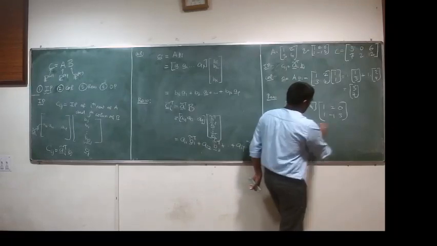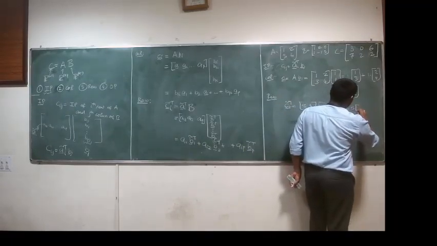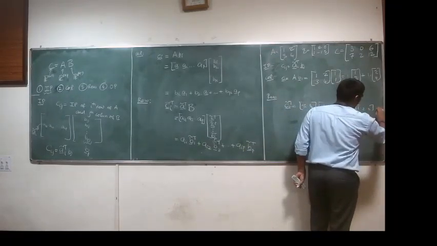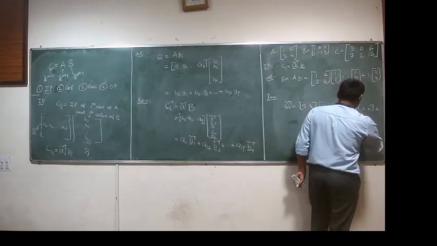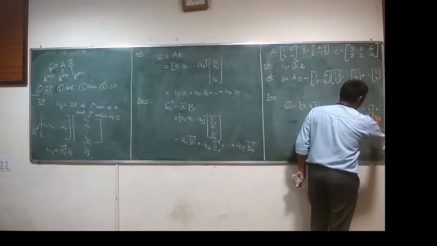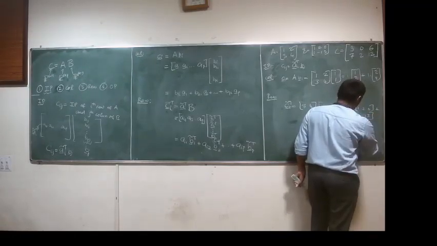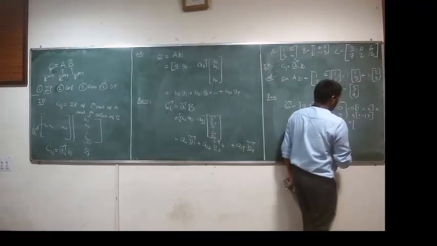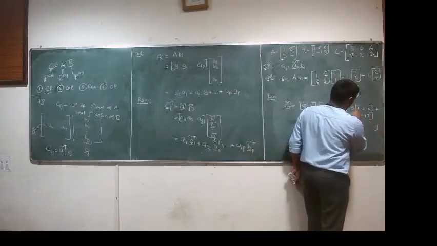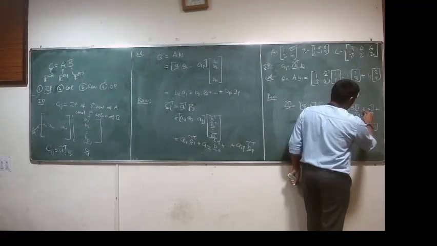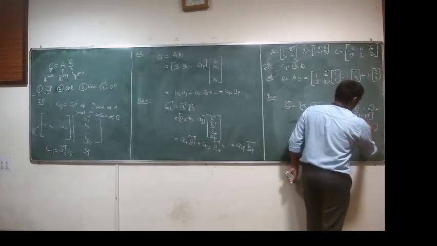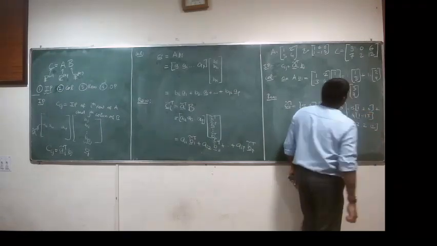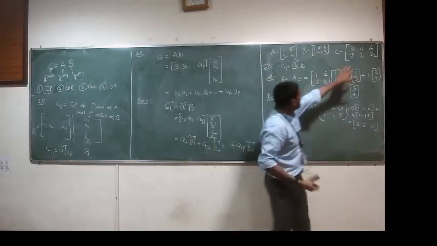This will be 3 times 1, 2, 0 plus 4 times 1, minus 1, 3. And that will give me 3 plus 4, 7, 6 minus 4, 2. Okay, that's the second row of C.